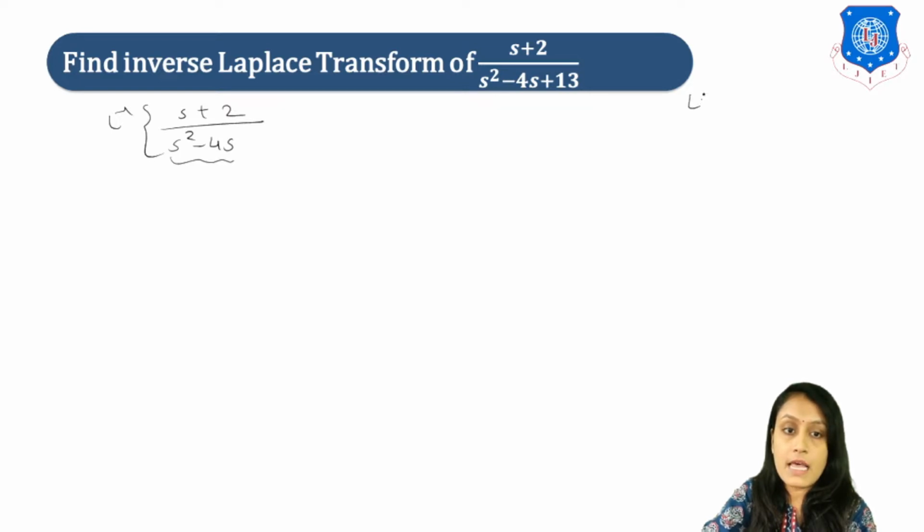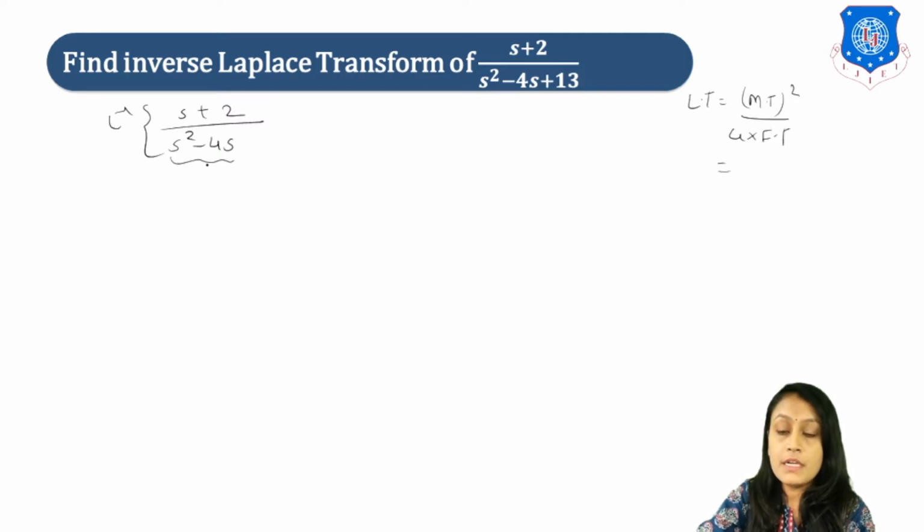To find the last term, we have to apply this formula, that is middle term square upon 4 into first term. Now the middle term is minus 4, so its square is 16 upon 4 into first term, whose coefficient is 1, so we have 1. Simplify, so this is 4. So your last term is 4, and we have plus 13.